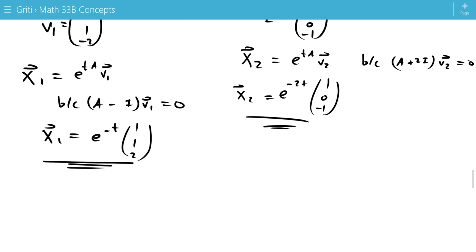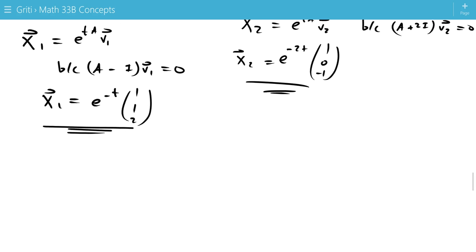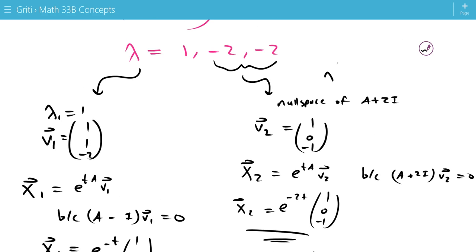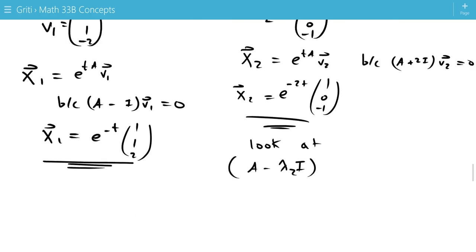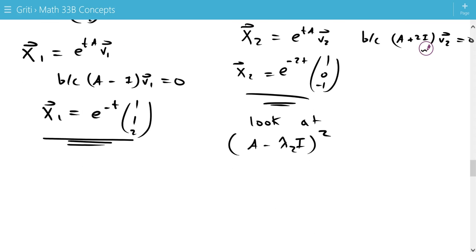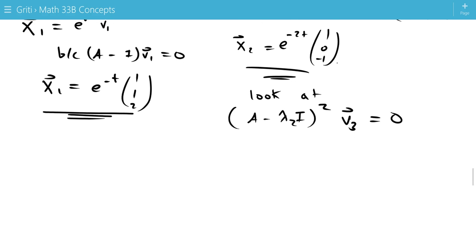And the way we do that is we look at (A minus lambda 2 I) squared. We want to find a vector v3 such that (A minus lambda 2 I) squared times v3 equals 0. So in this case, this is (A plus 2I) squared times v3.